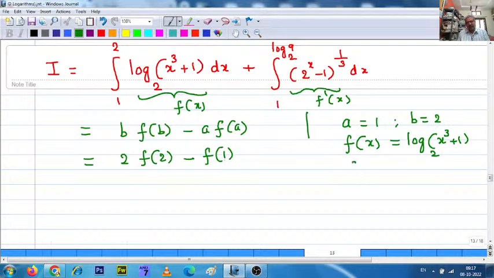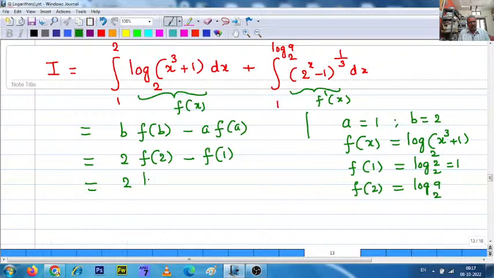Let us find the values. f of 1 is log of 1 cube plus 1, that is 2, log 2 base 2, this is 1. Now f of 2 is logarithm of 2 cube, 8 plus 1, 9, log 9 to the base 2. So this becomes 2 times log 9 to the base 2 minus f of 1, and f of 1 is 1.